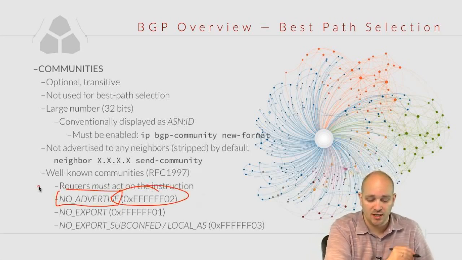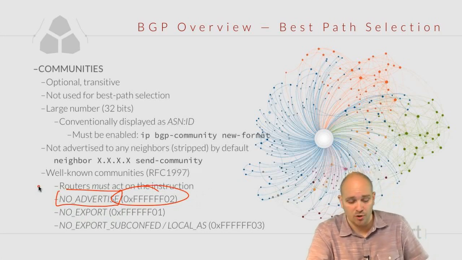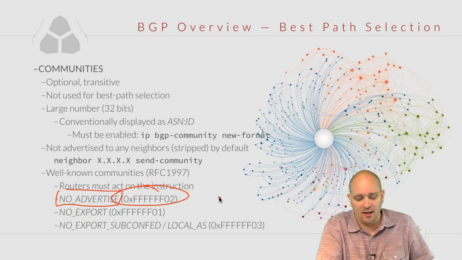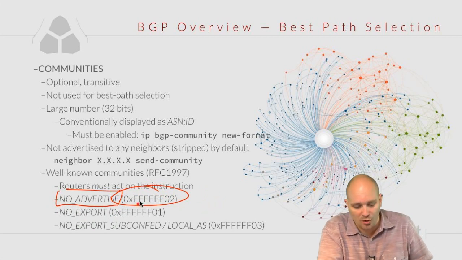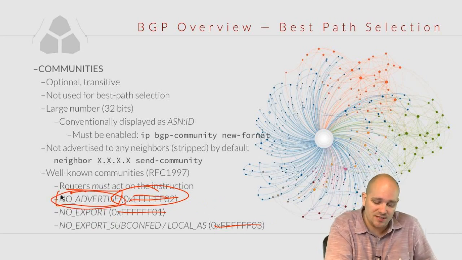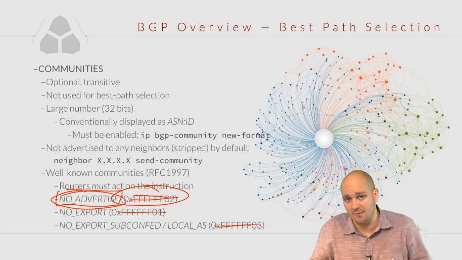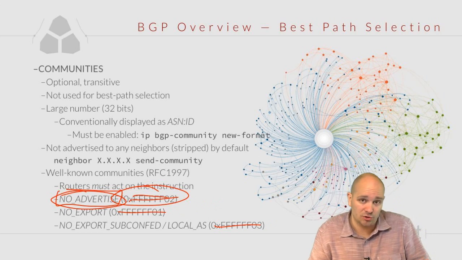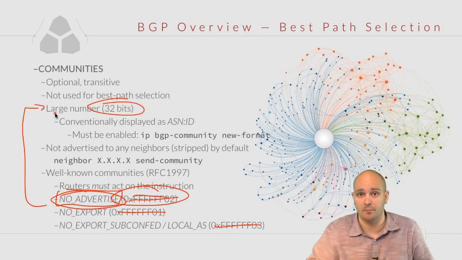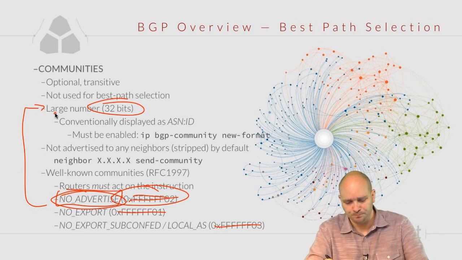You can use the name for these well-known communities. So this number here I just gave you as a reference, as a kind of a joke, to be honest. You don't have to memorize these numbers in any way. You just have to understand that these communities, even though they are represented by names in iOS and in pretty much all the documentation, actually do have a large 32-bit number value associated with them.